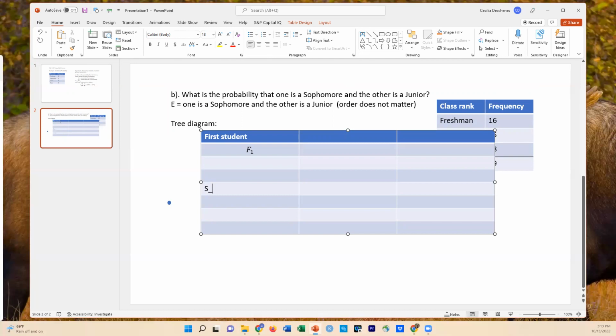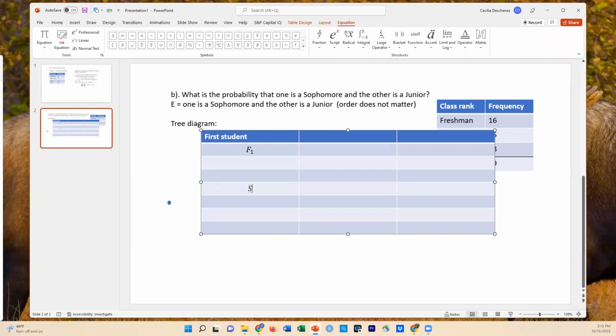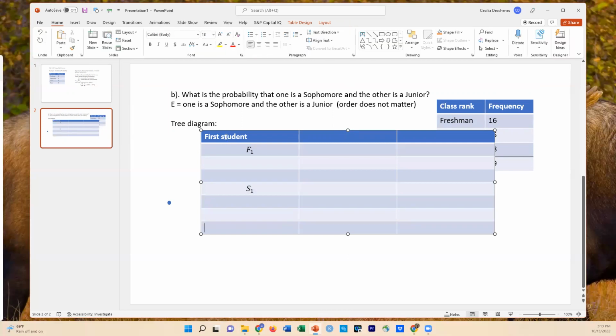Then we'll have the sophomore for the first student chosen, or a junior for the first student chosen.